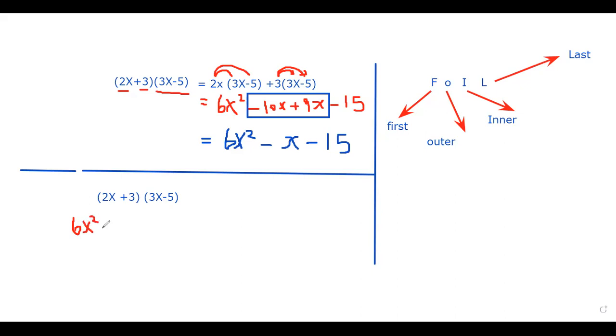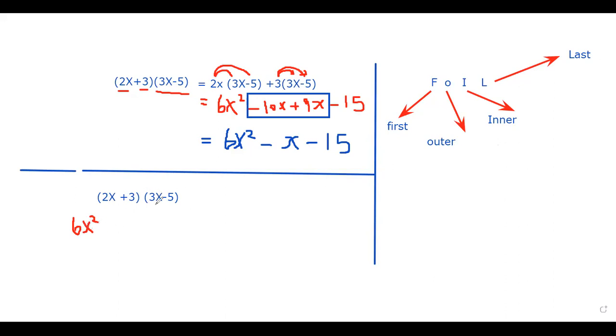Don't forget, this is the way I was talking about last time. Can't we just multiply the first ones only? No, not with the first one only. We have four steps. So 2x times 3x will be 6x squared.